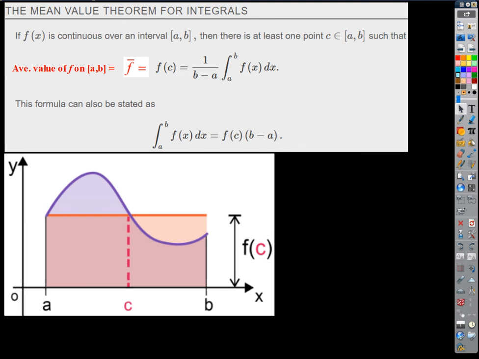But how would you find the average value of a function on an interval? Here I've got this function f of x. How do I know what its average value is on the interval from x equals a to x equals b? You can probably think of different ways you could define an average there, but let's see if we can come up with one that makes a lot of sense.